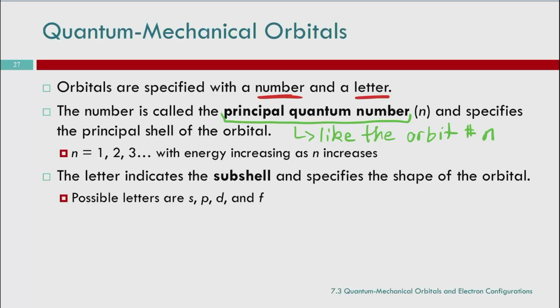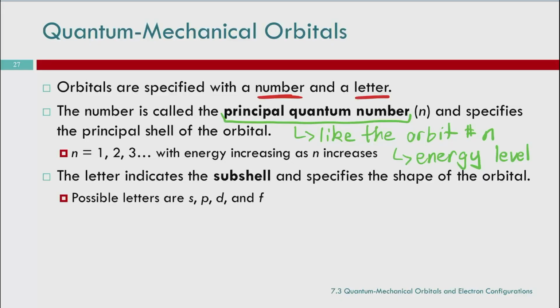It's an energy level. So we can still think of n as energy levels. A higher n number means more energy. And just like with our orbits, we start with n at 1, and it increases in integer values, so whole numbers counting up.